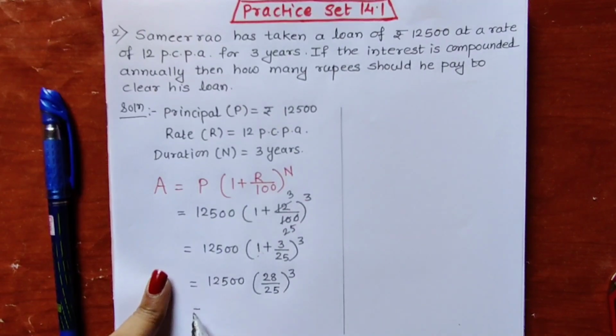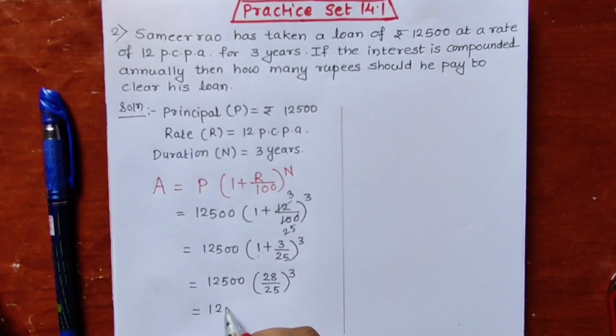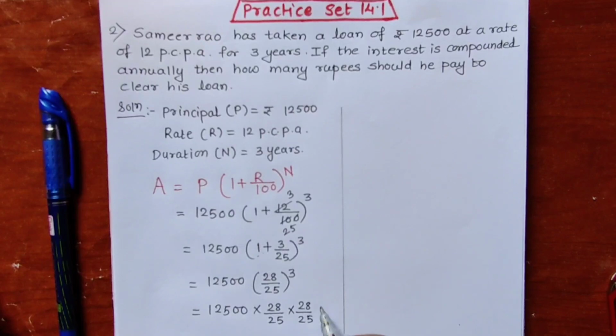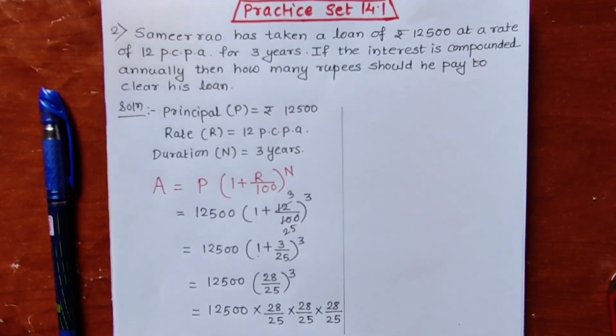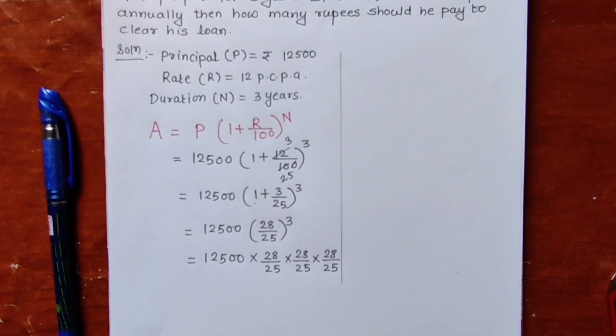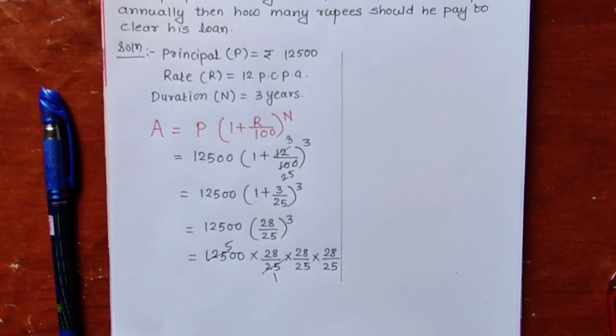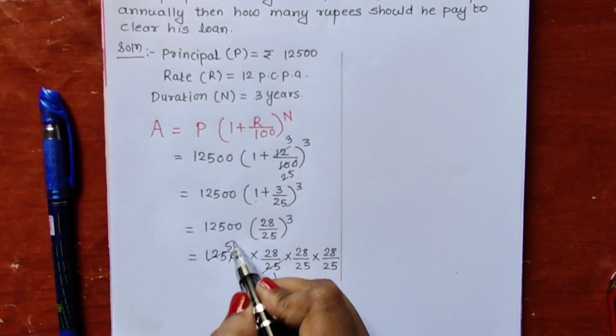Now raised to 3 is there, means 28 upon 25 we have to write 3 times. 28 upon 25 multiply by 28 upon 25 multiply by 28 upon 25. Now let us first cancel this 12500 by 25. So 25 ones are 25, 25 fives are 125, we all know that, and then these 2 zeros we will put.